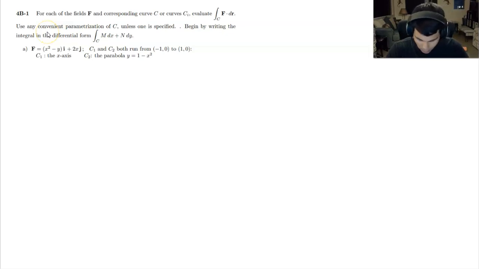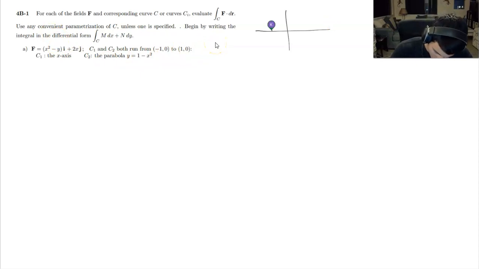Okay. So yeah, let's actually just start by drawing a picture. We go from -1 to 1. And notice that we have two paths here. We have C1, call this C1, and then we have a parabola, which is y equals 1 minus x squared. Just kidding.